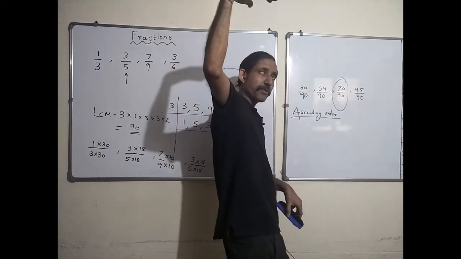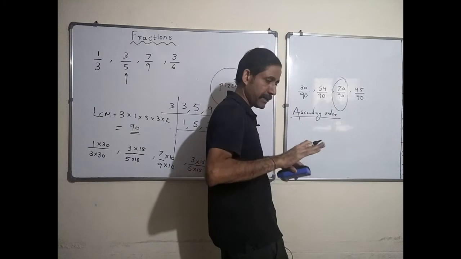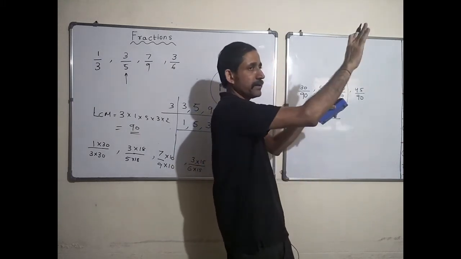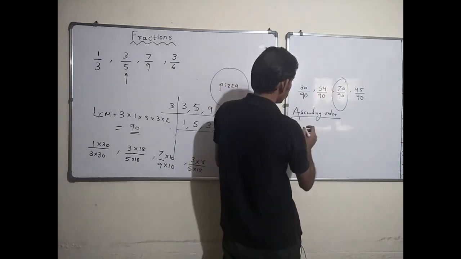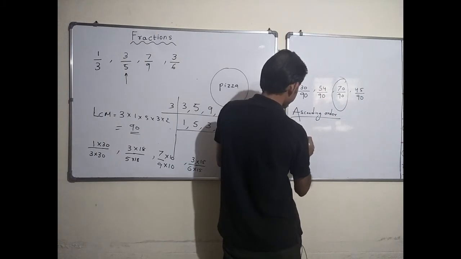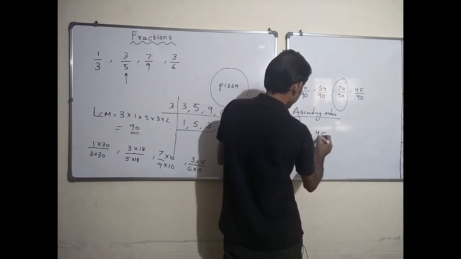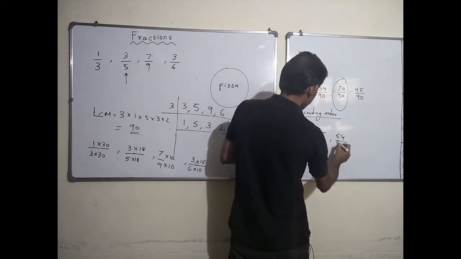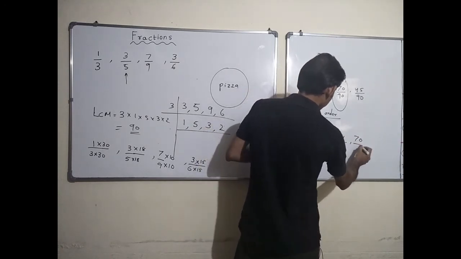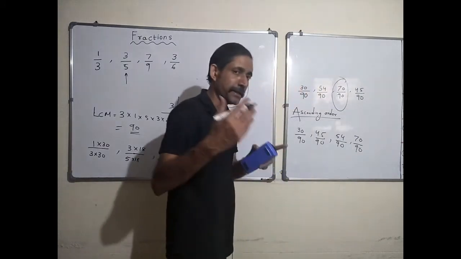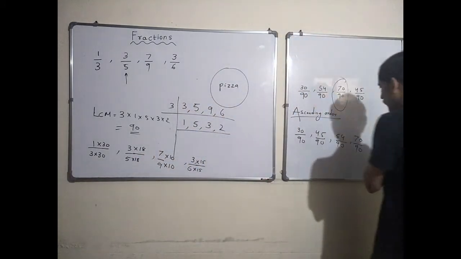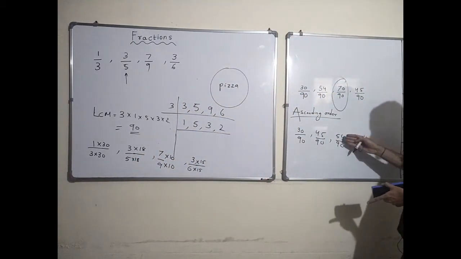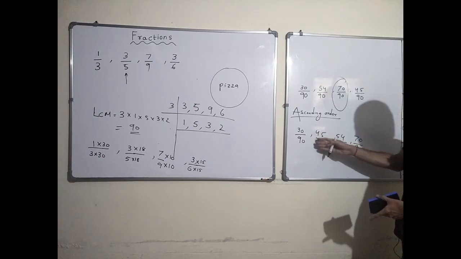Descended means it came from up to down. Ascending, from down it went up. So ascending order would be 30 by 90, 45 by 90, then 54 by 90, and then 70 by 90. For descending order, you don't have to think, go the other way around: 70 by 90, 54 by 90, 45 by 90, 30 by 90.